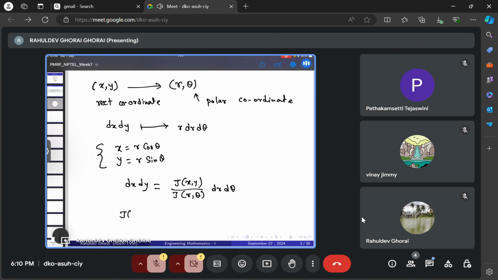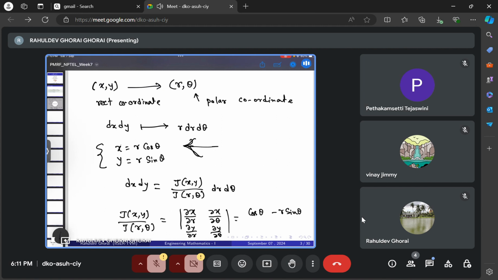The Jacobian of xy with respect to r theta is the determinant of del x del r, del x del theta, del y del r, del y del theta. Del x del r is cos theta. Del x del theta is minus r sin theta.